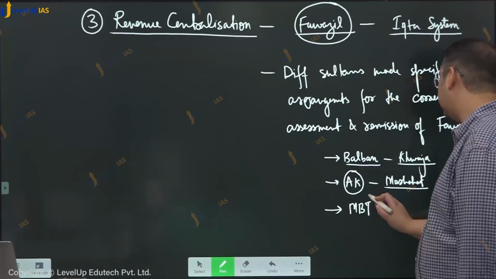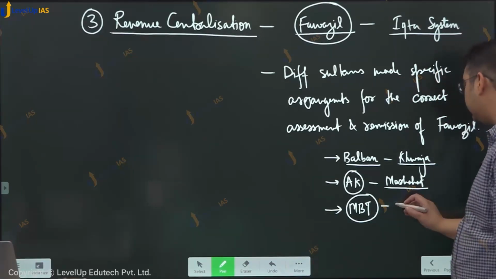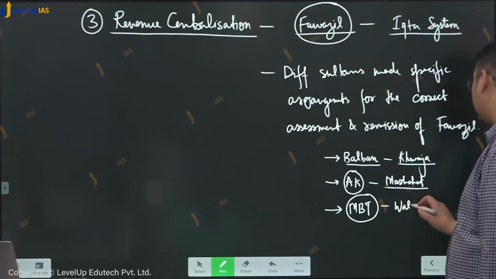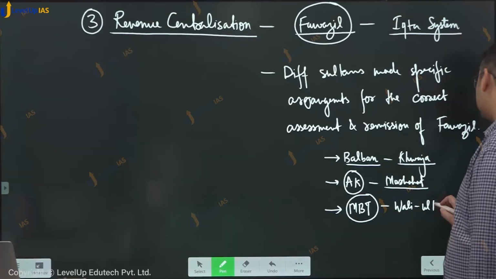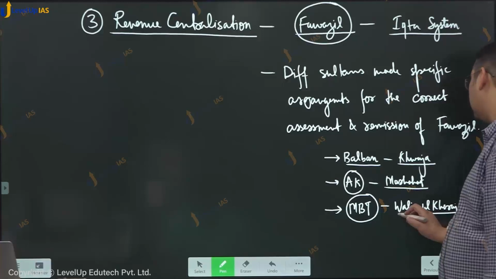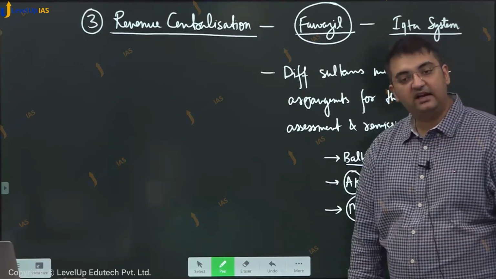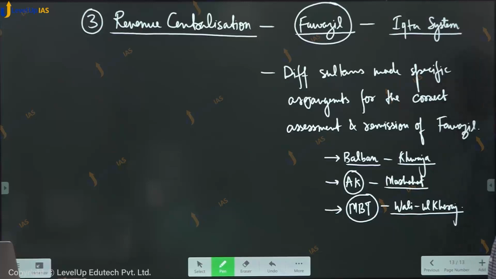Muhammad bin Tughlaq introduced a new official known as the Wali ul Kharaj, and took away the revenue duties of the Iqtadar, of the Mukti, and gave it to this new officer.